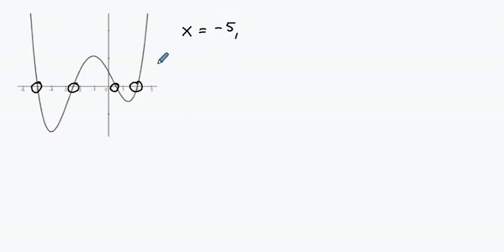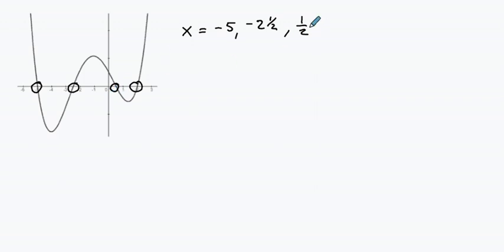We've got -5. We've got, it looks like it's between -2 and -3, so I'm just going to call that -2.5 for now. We'll discuss how we're going to handle that in a second. And then we've got between 0 and 1, so that's 1/2.